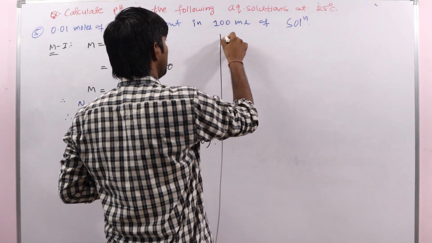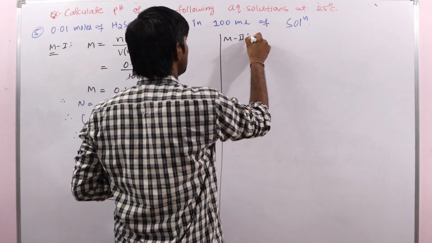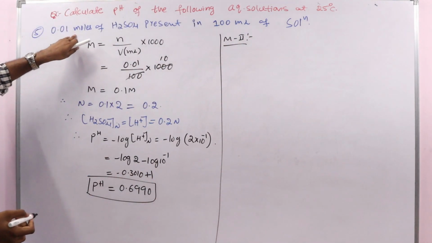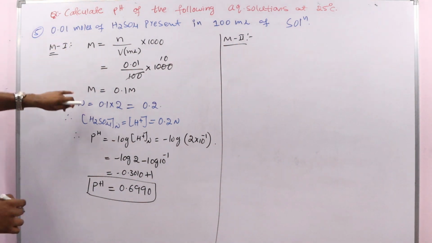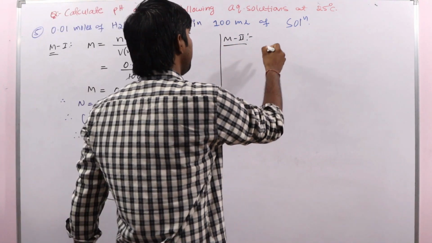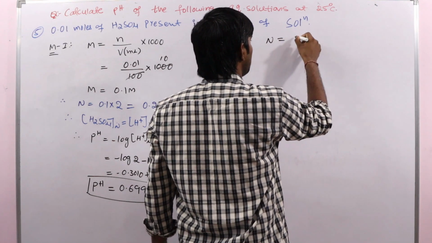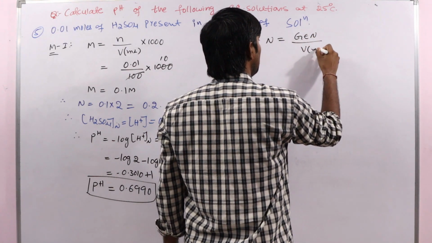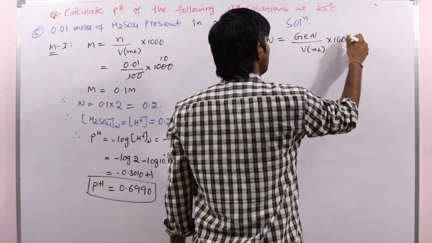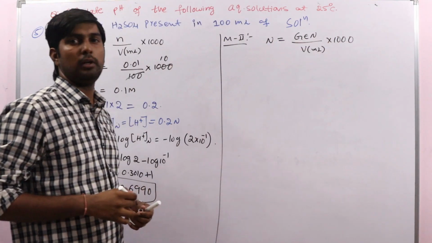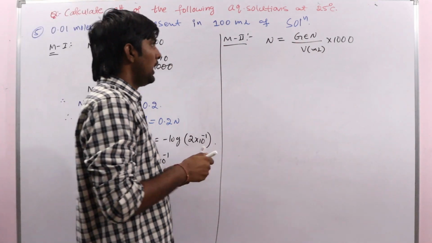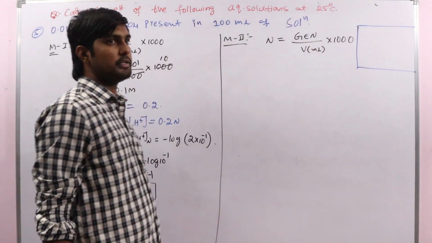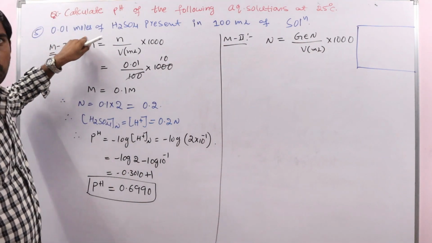Now the second method. In another way also we can solve this. Here the number of moles is given, but we need concentration in normality. What is the formula? Normality equals number of equivalents by volume in milliliters into 1000. This is a direct formula to calculate normality. But here the number of equivalents is not given, they have given the number of moles.